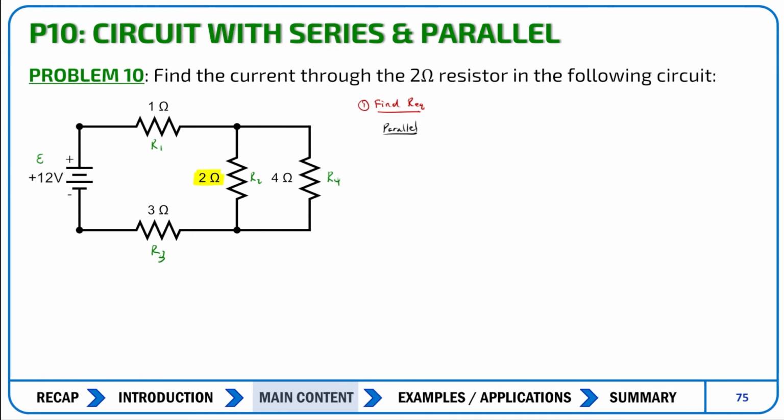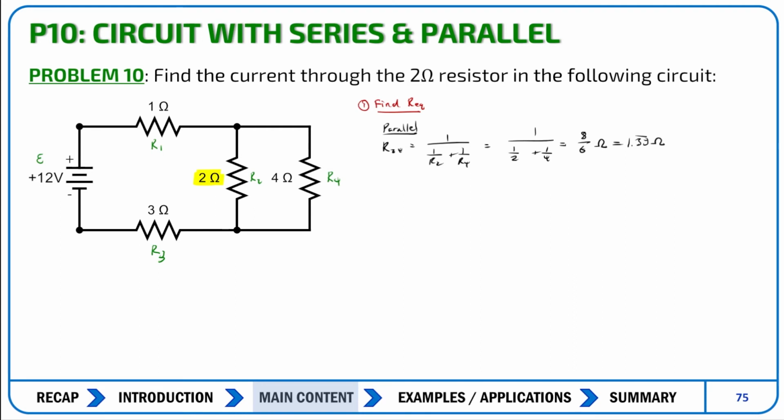So in parallel, it's these two, R2 and R4. R2,4 is equal to 1 over R2 plus 1 over R4. Basically we have 1 over 2 plus 1 over 4. And that would be 8 over 6 ohms, or 1.33 repeated ohms.